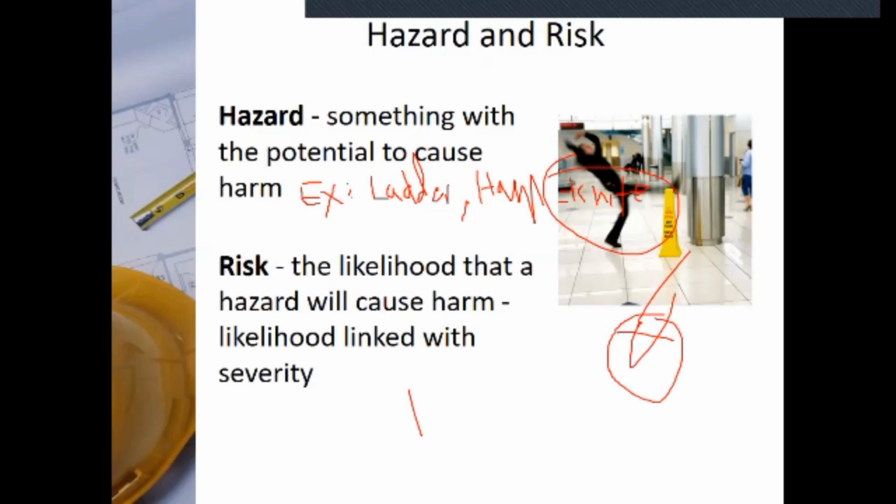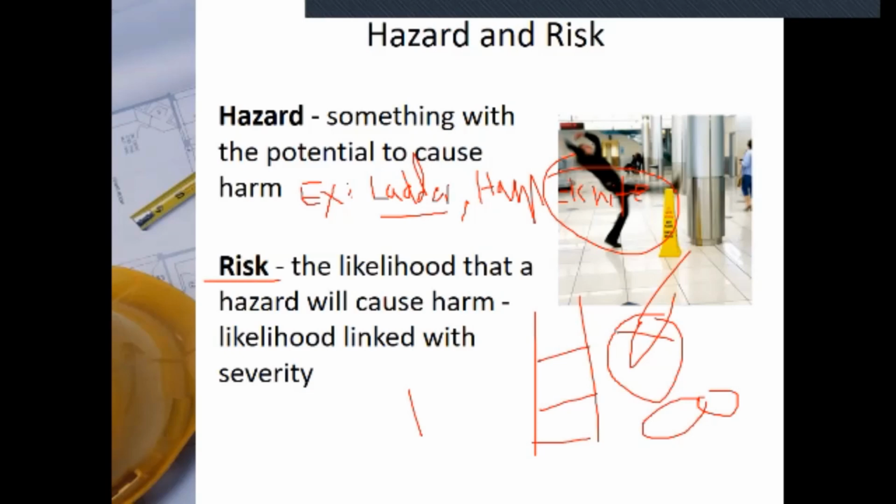Therefore, if you work with a knife and unfortunately you cut your finger, this cutting of the finger is known as the risk. Okay, if you are using a ladder and unfortunately you fall from the ladder, then maybe the head may be broken. By using this ladder, the risk is happening.